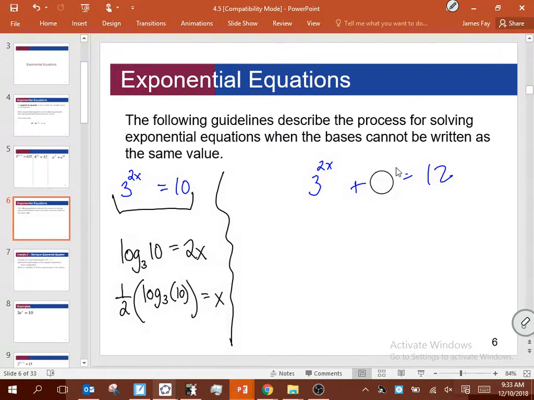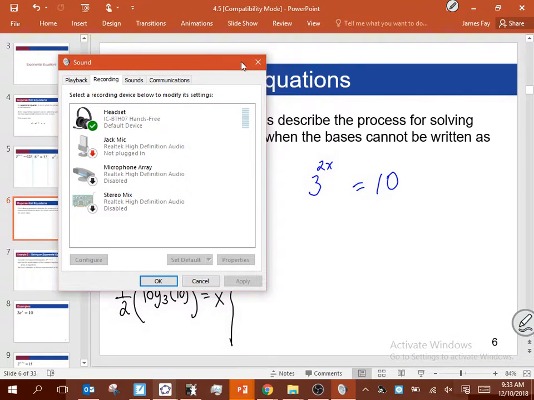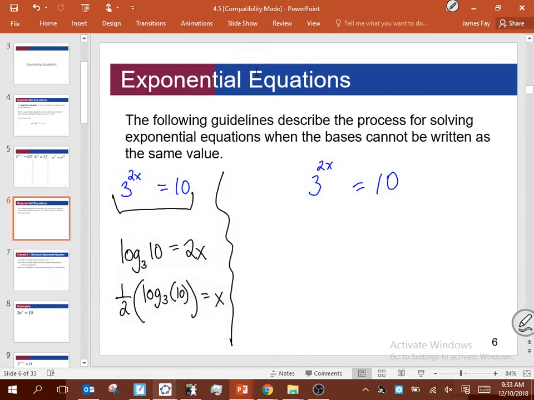Does that make sense? Okay, so we got that. The first part said isolate the exponential. The second part said now use logarithms to bring your exponent down.